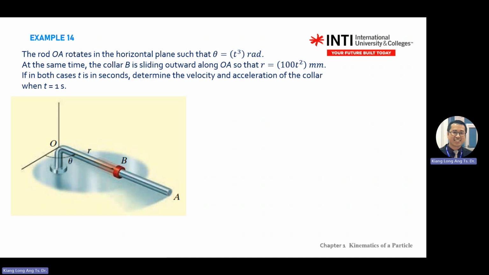What is the unit? R is in mm, so this is mm per second, and this is mm per second squared. Theta is in radians, so radians per second and radians per second squared.